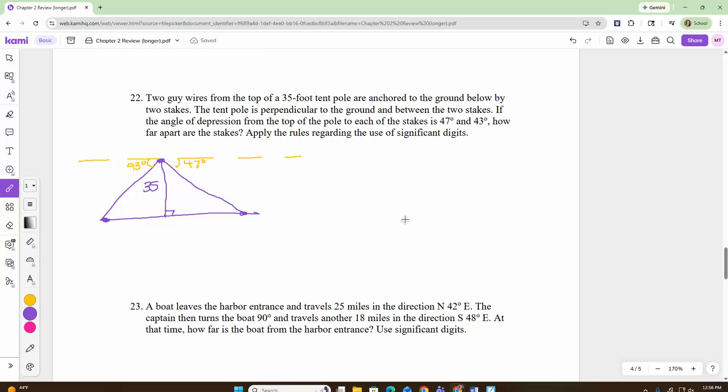How far apart are the 2 stakes? So I'm trying to find this distance. Is the entire thing a right triangle? No. So we have to take half of it at a time. So if I look at this one, okay, we need an angle in our triangle. Can we find an angle? Okay, which one?